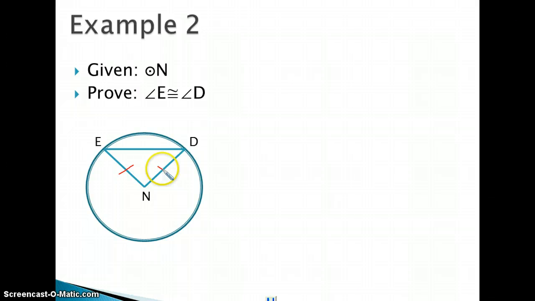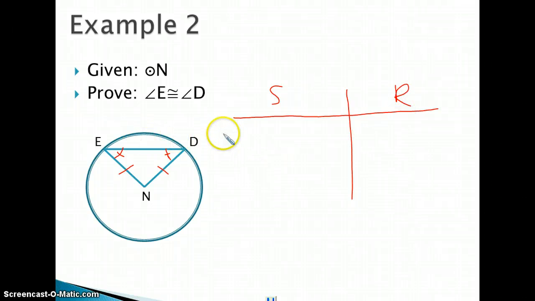Because if I go across from this side, I get an angle. If I go across from this side, I get another angle. And those angles are the base angles. They must be congruent. So setting up my proof, I know that NE is congruent to ND.